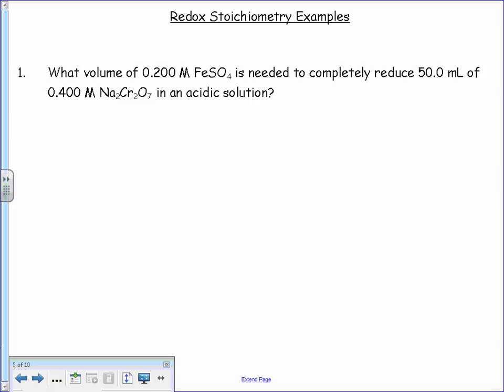If not, the questions are on the board. I would like to do the first 3, and then you guys will do the last 5 for homework. The answers are on the bottom. So tonight's homework, redox stoichiometry concept, which is 5 questions, and then read over the lab that has potassium permanganate reacting with hydrogen peroxide. It's an inquiry lab. We'll do the procedure in class tomorrow. I'm not going to have you guys do the procedure tonight.